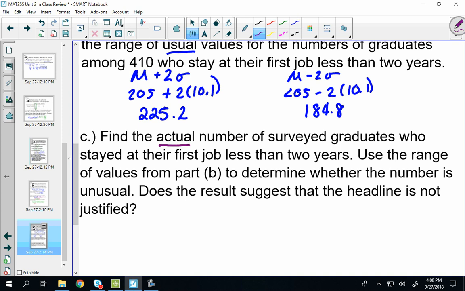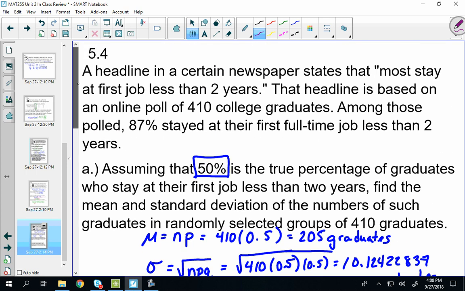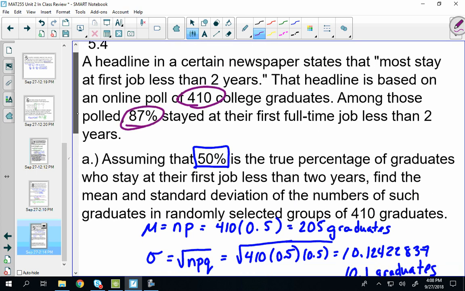For part C, they tell us find the actual number of surveyed graduates who stayed at their first job less than 2 years. So they're telling us to look back up at that original data. And use the range of values from part B to determine whether it's unusual and does it suggest that the headline is justified or not justified. So if we look back up at the actual, it wasn't 50%. It was 87%.